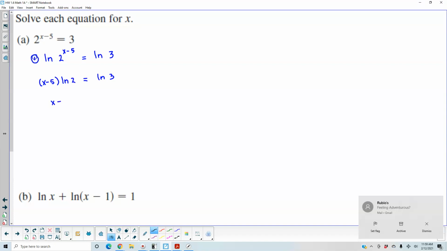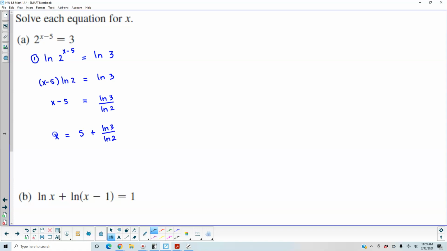So we have x minus 5, which is going to equal the natural log of 3 divided by the natural log of 2. And then we can add 5 to both sides. So x is going to equal 5 plus the natural log of 3 divided by the natural log of 2.